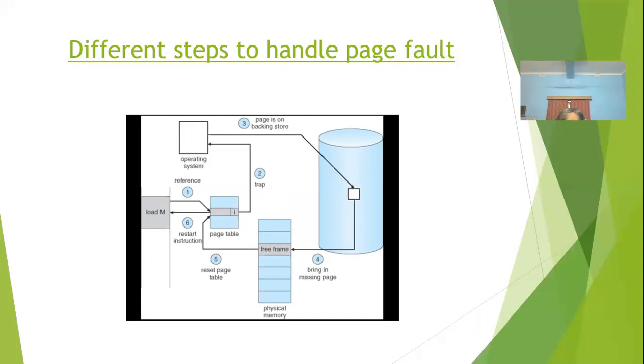So again, the CPU will be allocated to the first process, and it will resume its operations now, because the requested page is already in the main memory, and it has no problem in proceeding further. So those steps are being shown here as a part of this diagram. So that is how page faults generally are handled by the operating system.